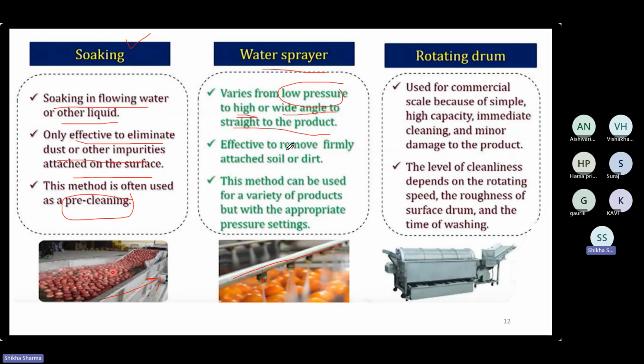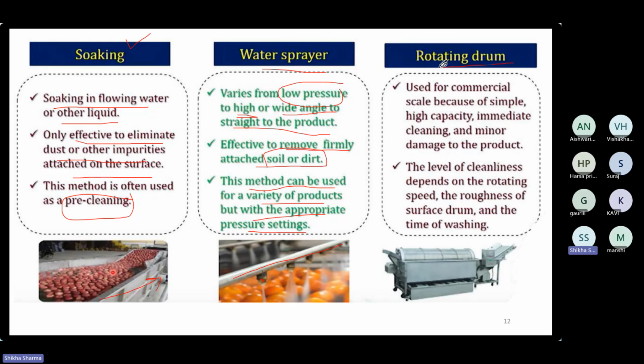So it will help to remove firmly attached soil and dirt. If the soil or dirt is very much attached to the surface of the fruits or vegetables, water sprays can be used. This method can be used for a variety of products, but with the appropriate pressure settings. So we can change the pressure and use it on different commodities.